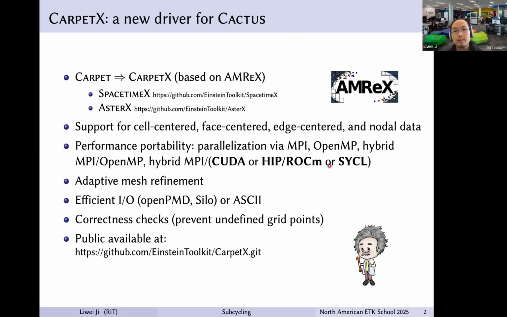It supports parallelization through MPI, OpenMP, the hybrid of MPI and OpenMP, and also GPUs. The next feature is that it supports adaptive mesh refinement, fully adaptive mesh refinement, if you will.